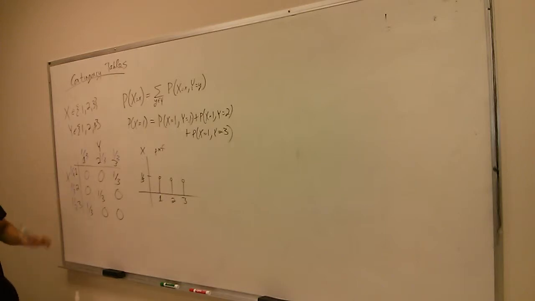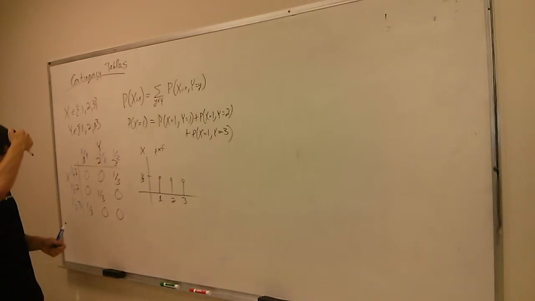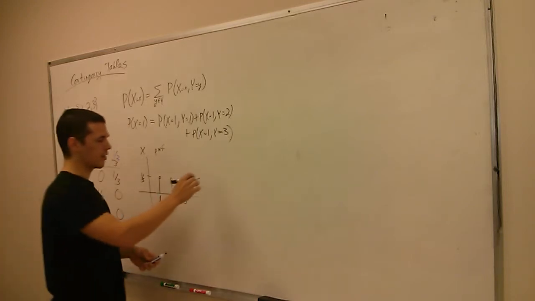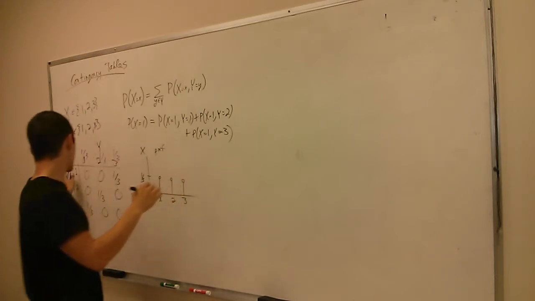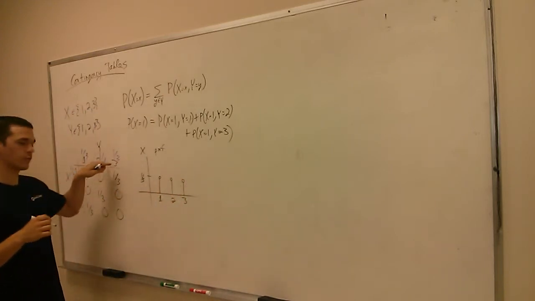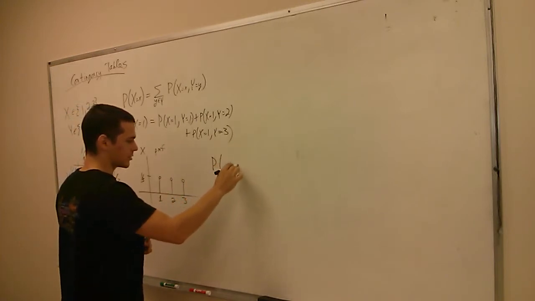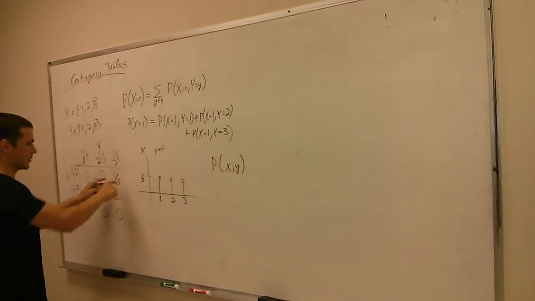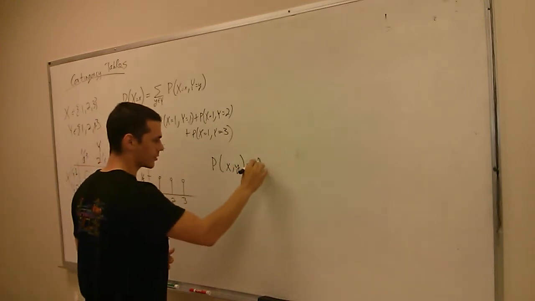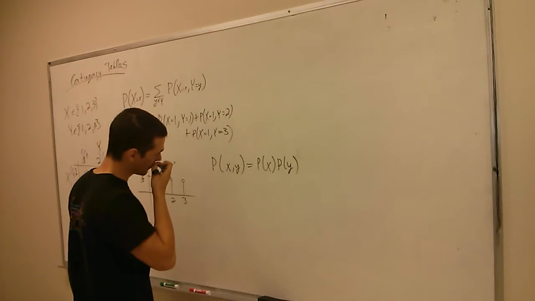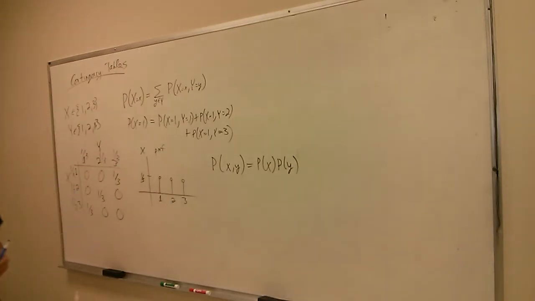They're not independent, right? So the way we can show this is by saying, if they were independent, then for every value that x can take on and every value that y can take on, the joint probability of x and y would have to decompose as the product of the individual probabilities.